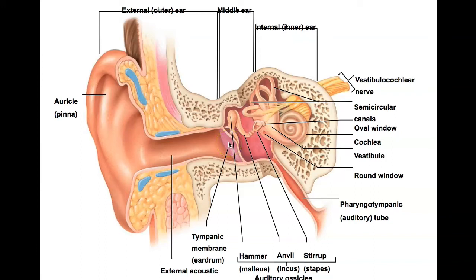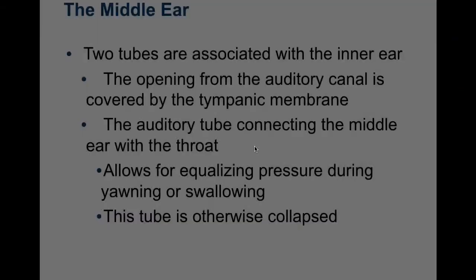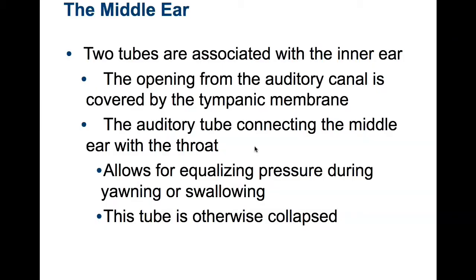And then when this tympanic membrane is trying to push in on all these bones right here, it's not going to be able to, because the pressure is different. We have a higher pressure in here now because we put all that air in there. So eventually, from time to time, you'll get that ear pop, where this auditory canal will open, restabilizing the pressure so we can hear properly. So that's what's going on in our middle ear.